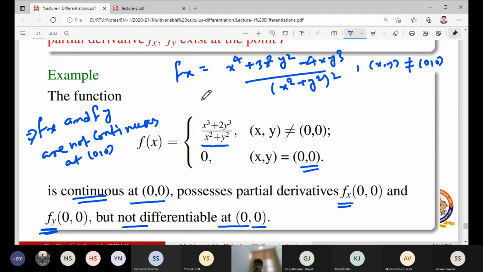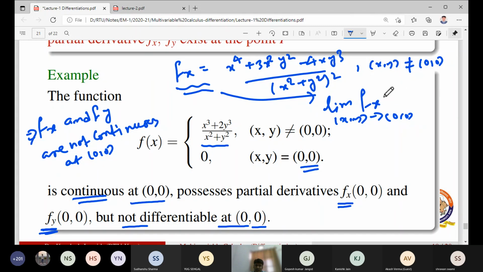Now if you find the limit of this function fx at the point (0, 0), you will see that the limit of this function does not exist. Why?